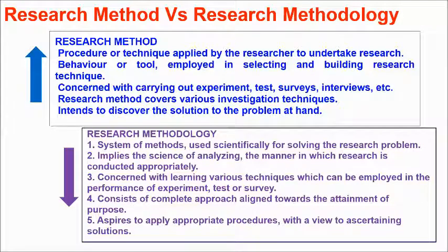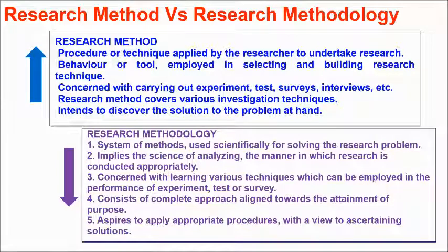Research method refers to the behavior or tool employed in selecting and building research technique, whereas research methodology implies the science of analyzing the manner in which research is conducted appropriately.